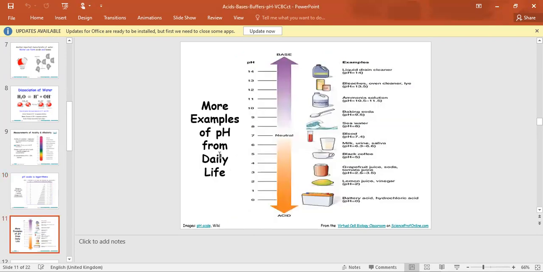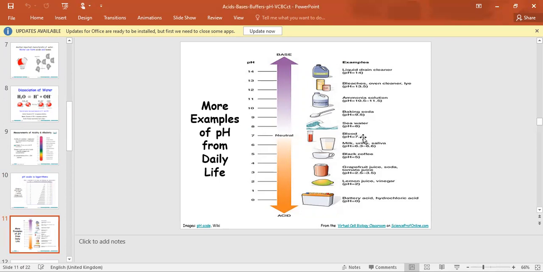More examples of pH from daily life. Liquid drain cleaner, pH 14. Bleach and oven cleaner, pH 13.5. Ammonia solution, pH 10.5 to 11.5. Baking soda, pH 9.5. Seawater, pH 8.